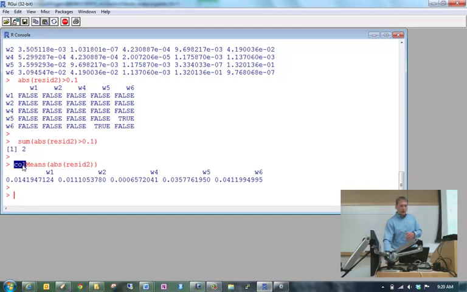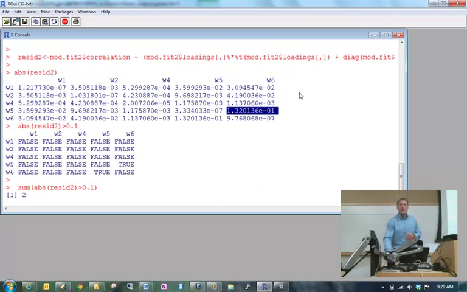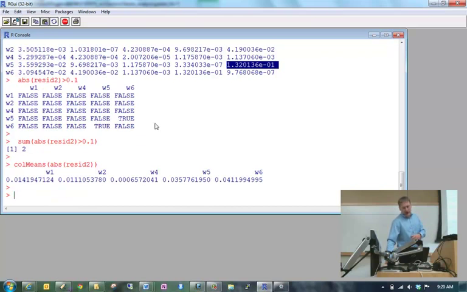If I use colMeans, that finds the column means, and we can see that only the last two columns are, on average, maybe a little bit farther from 0. Why is it the last two columns? Again, it has to do with the W5, W6 combination. Okay, so again, I got that idea from SAS.